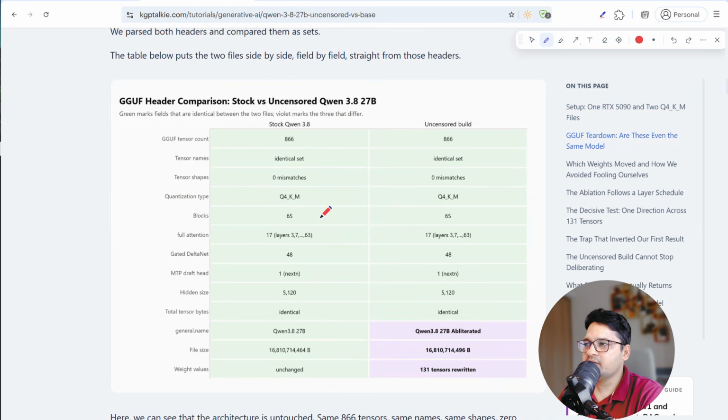But before that, let me tell you a little more detail so that you can understand the model. Okay, cool. Here at the Qwen 3.8 stock size, the numbers you are currently seeing come from Unsloth plus Ollama. I downloaded the model from Unsloth and Ollama. That is not the uncensored one. That is the stock model provided by the provider itself.